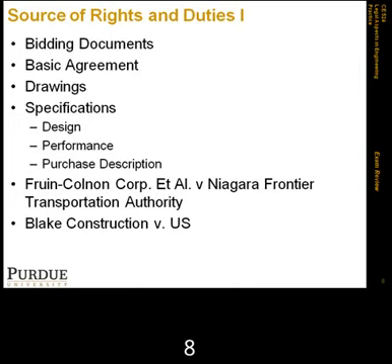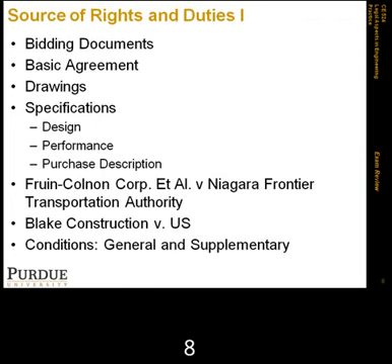There is a distinction between performance and design specification, and that distinction is not absolute. The court viewed that the claims court, the lower court, gave too much discretion to Blake, and therefore reversed the ruling of the Federal Court of Claims.